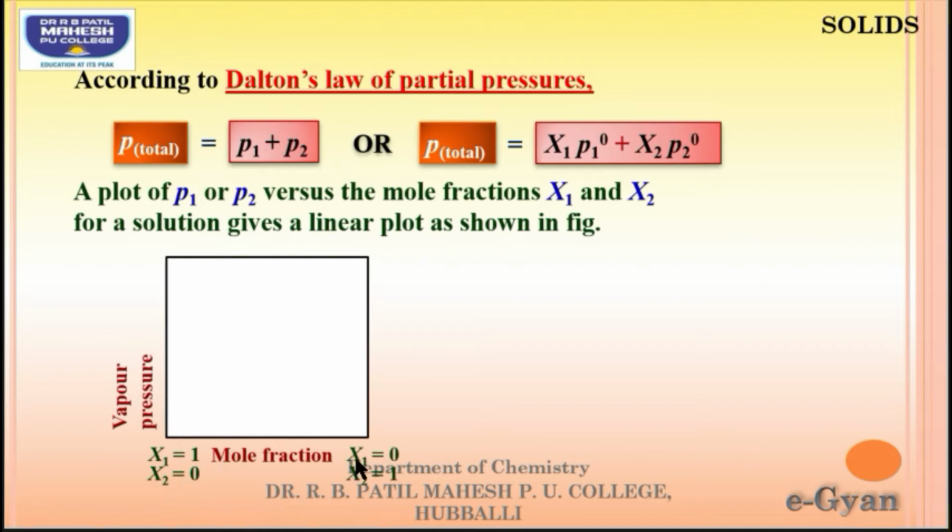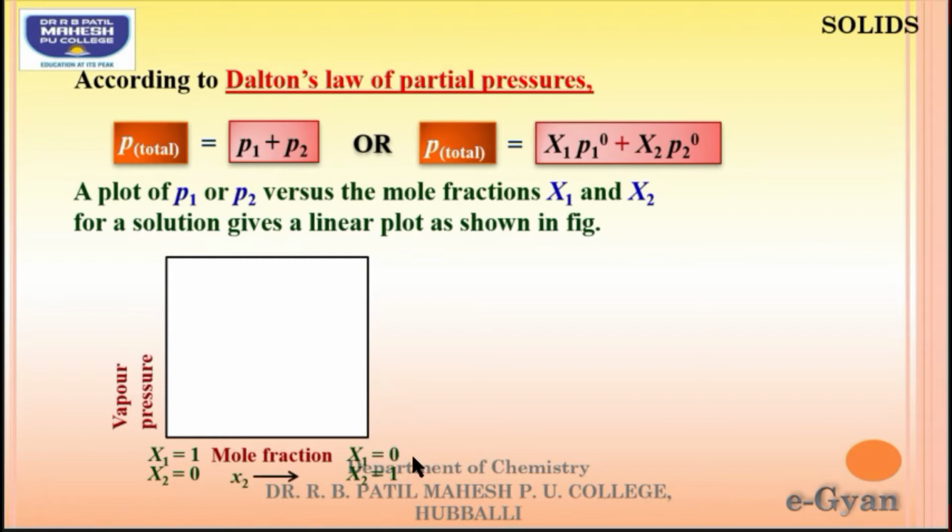On the other side, as the percentage of the second component goes on increasing, X2 will be equal to 1 and X1 will be equal to 0. You may ask why I have taken the values between 1 and 0. Because in the first class I told you the mole fraction will not cross the value of 1. Hence the maximum value for X1 and X2 is 1 and the minimum is 0.